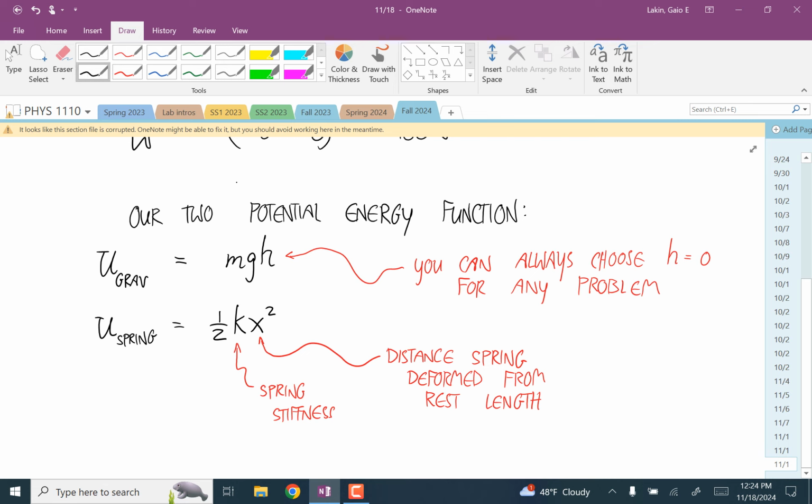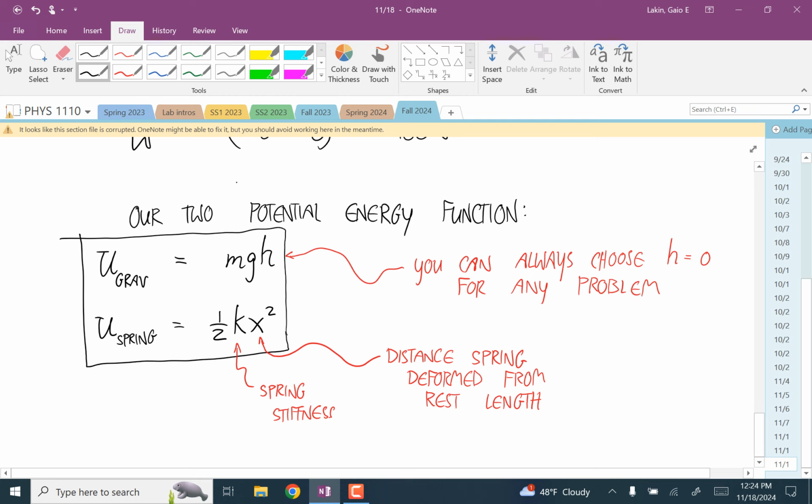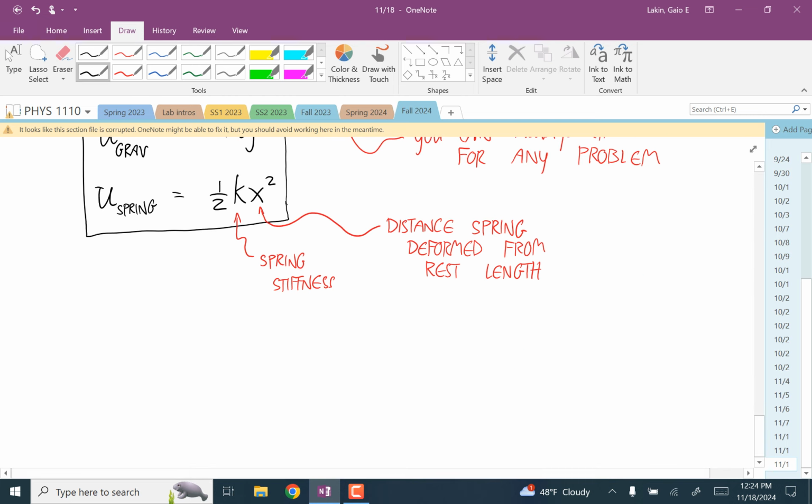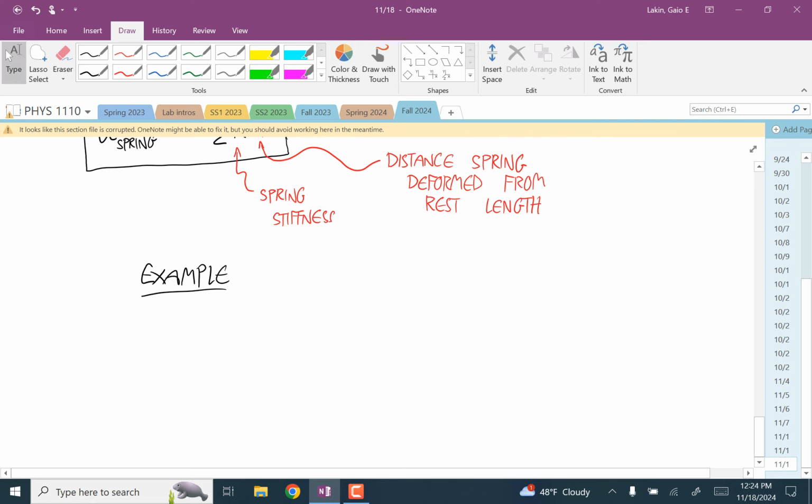Okay, so here are the two functions we're going to use. Okay, so we've done a problem like this before. So let's say that an object goes from a height, I'm going to use the same numbers I did before.